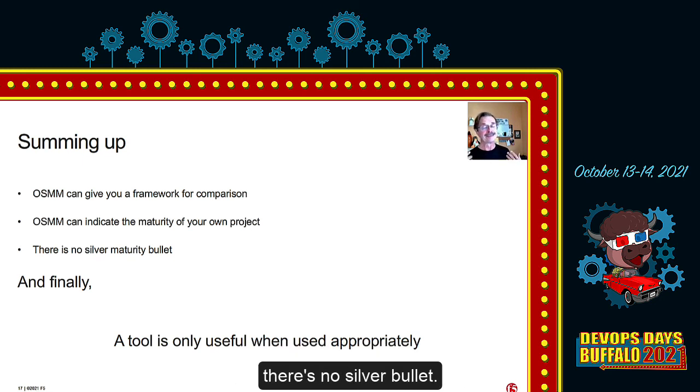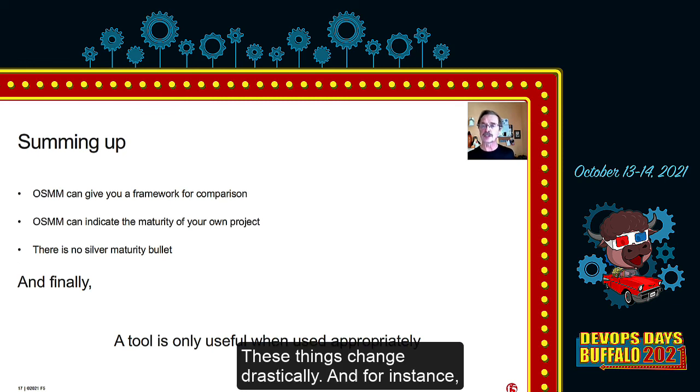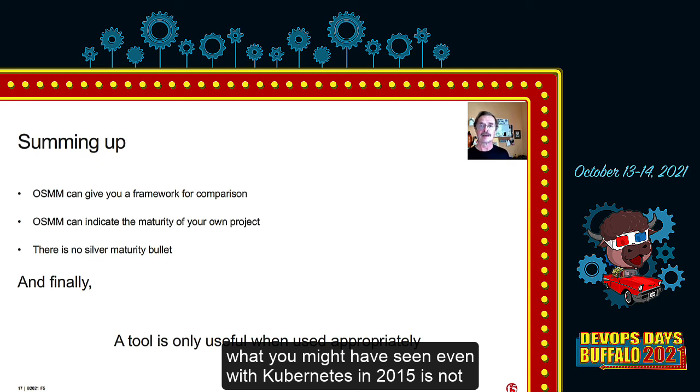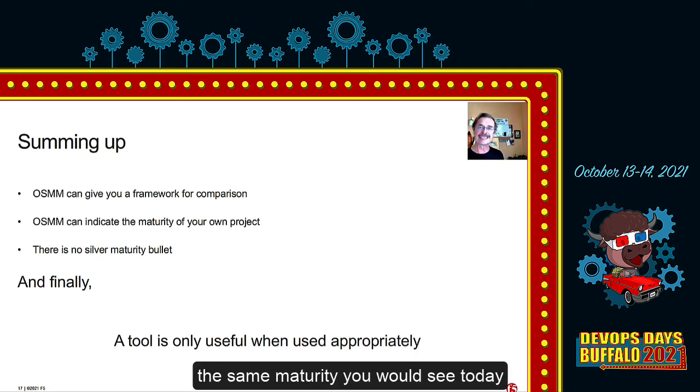There's no silver bullet. These things change drastically. For instance, what you might have seen even with Kubernetes in 2015 is not the same maturity you would see today, or OpenTelemetry in March of 2019 versus OpenTelemetry of today.